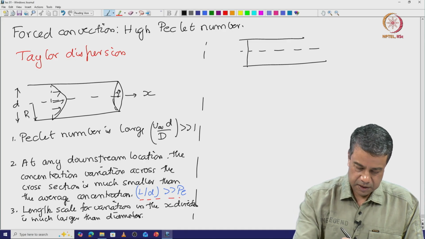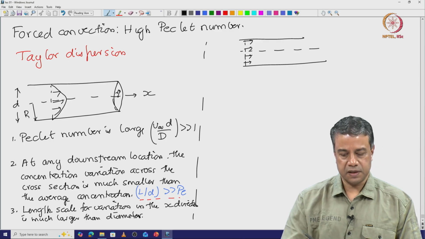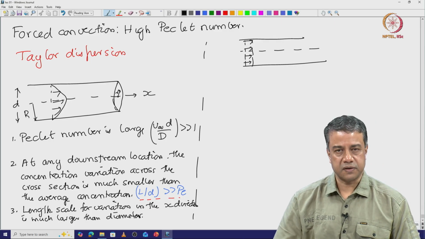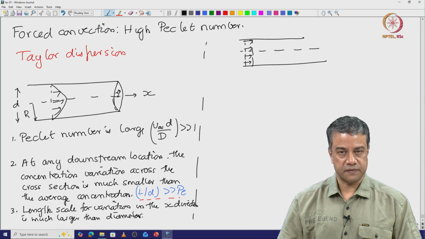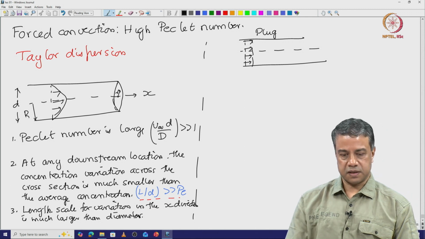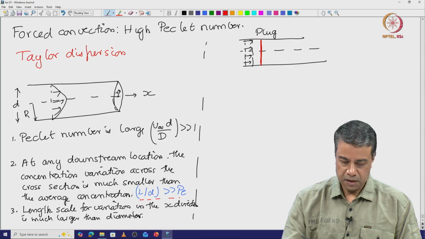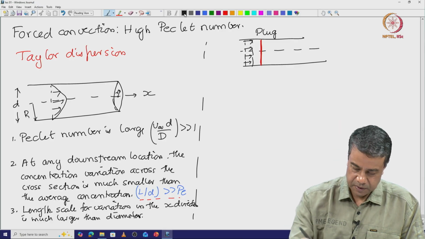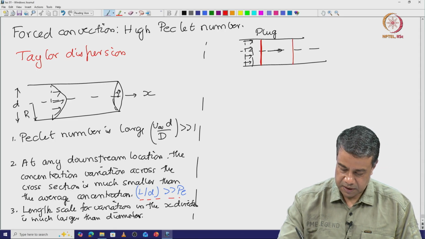In that case, for a plug flow, the velocity is a constant across the pipe. Of course, this is unphysical. You cannot have non-zero velocity at the surface, but let us just assume that for a plug flow the velocity is a constant. So, I have put some pulse over here. As it travels downstream, because the velocity is a constant, the pulse will continue in the same manner.